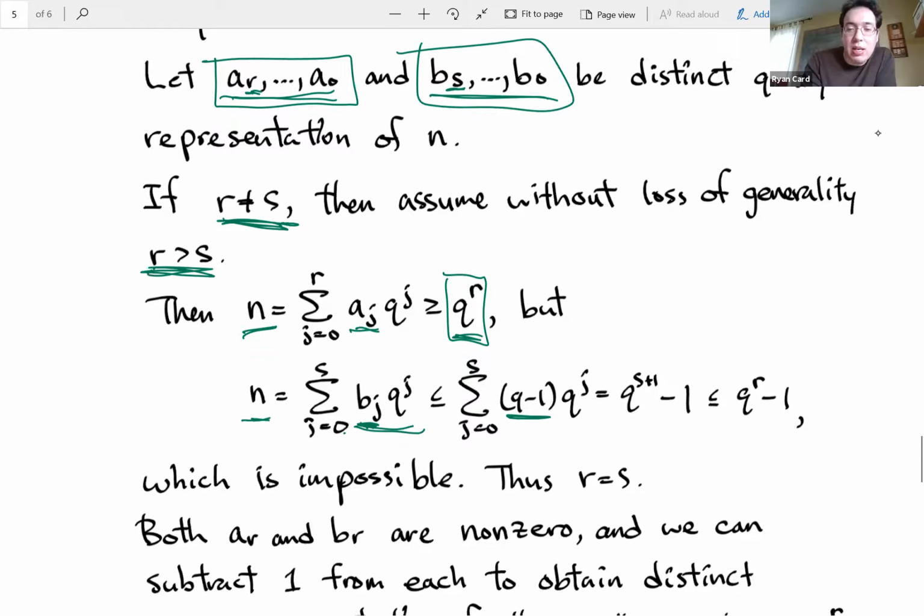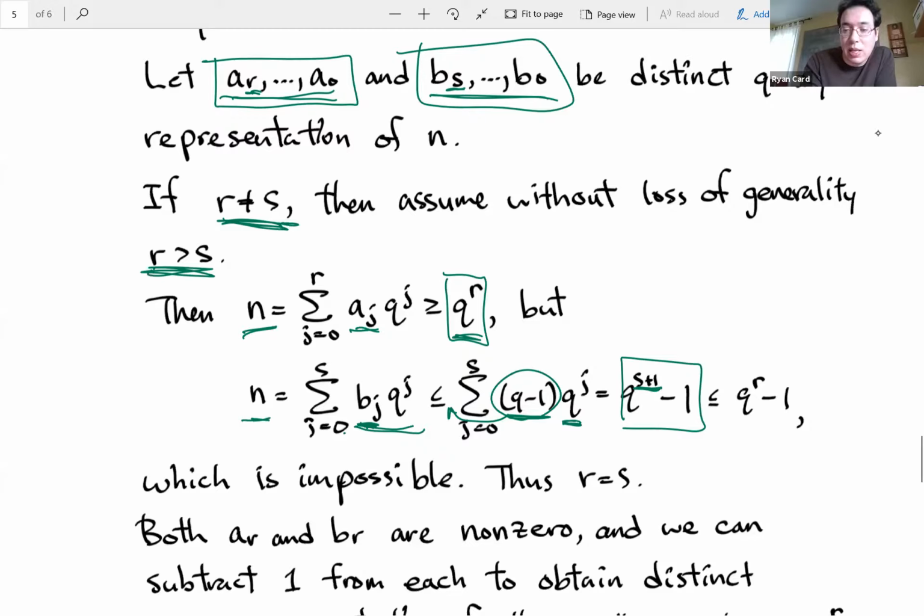And I'm going to use homework 3.35 again. So if I factor q minus 1 out, then I could write this as this divided by q minus 1, which cancels out. I'm doing this for the 3rd time, so I skipped a step. But this could be written as this using the homework we had before. And remember, r is bigger than s, so r is at least s plus 1.